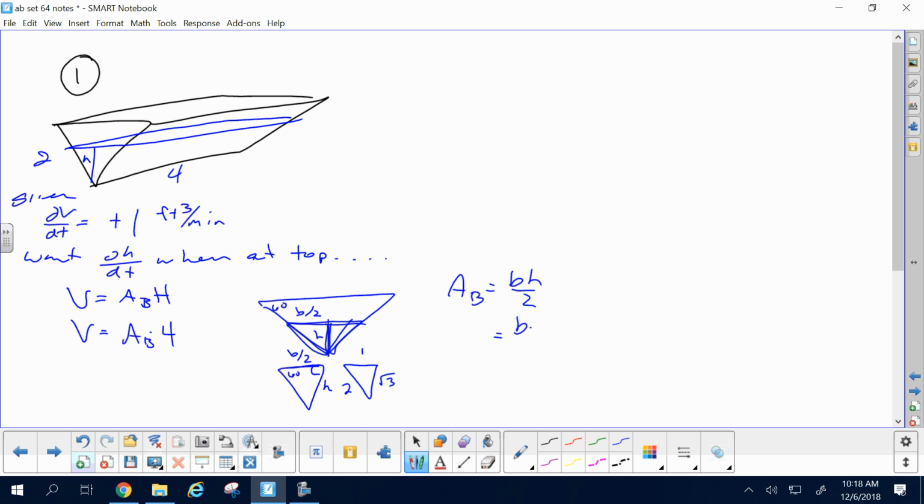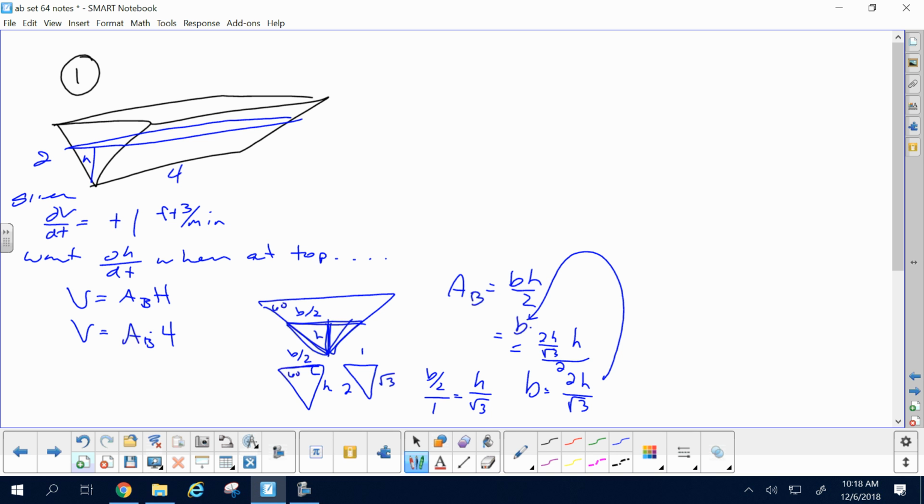Okay, so you'd say b over 2 is to 1 is to height is to root 3, right? So base is 2 height over root 3. So the area is 2 height over root 3 times height over 2.